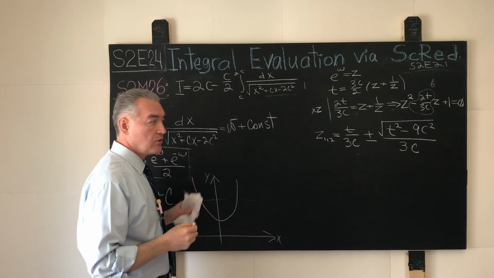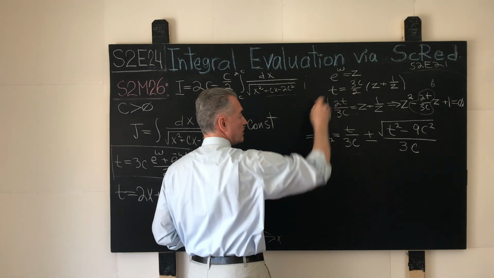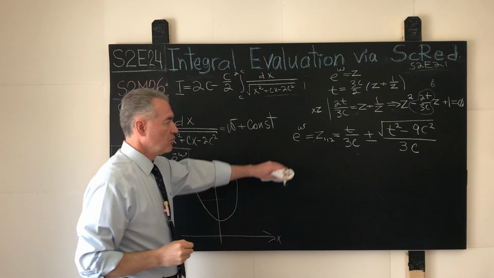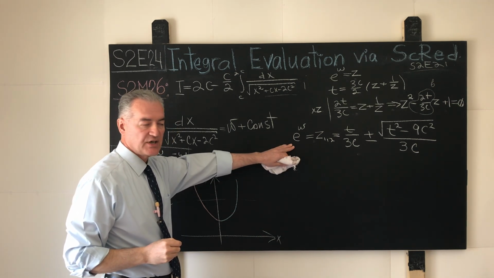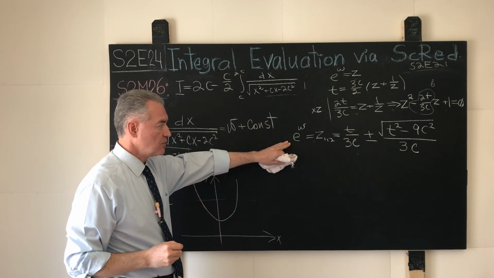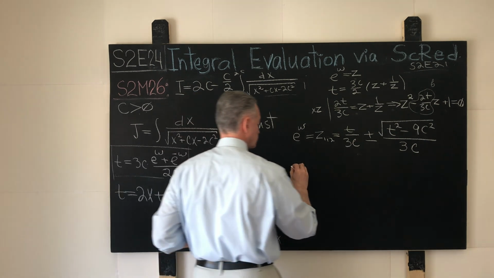And now we do the reverse substitution. Instead of z, we write down e to the power of w. And once we take the logarithm of both sides of this expression, the natural logarithm of e to the power of w will be w.